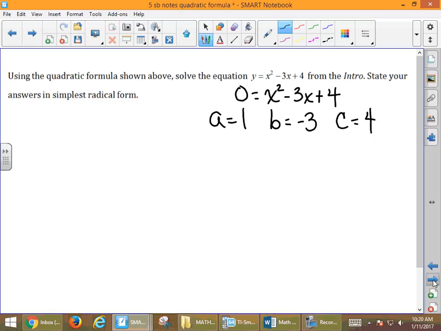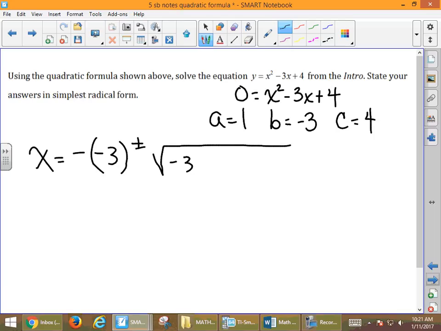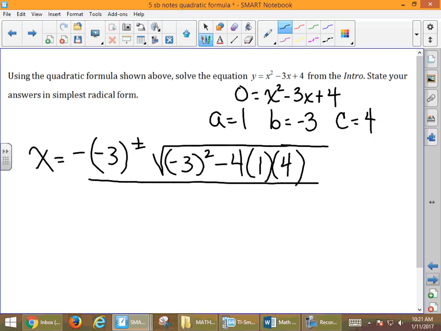It's x equals the opposite, or negative b, plus or minus the square root of b squared minus 4 times a times c, all divided by 2 times a.